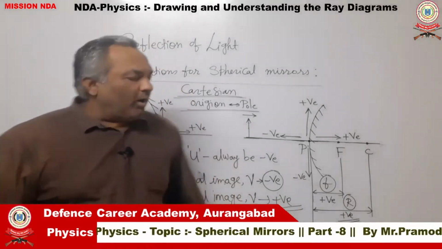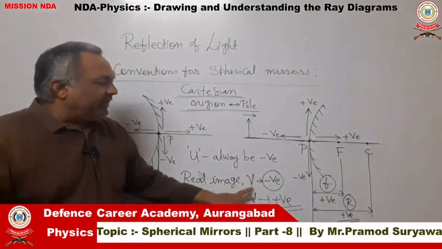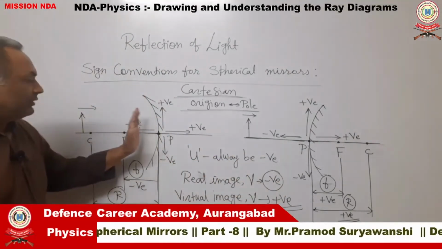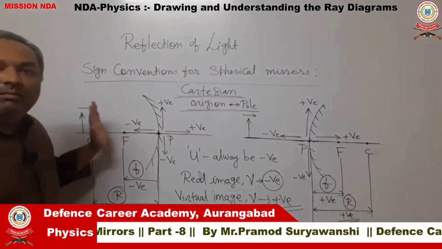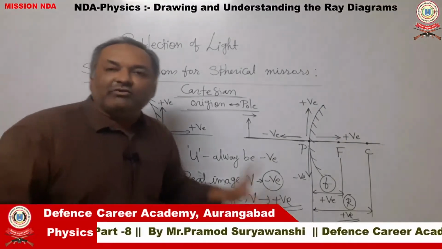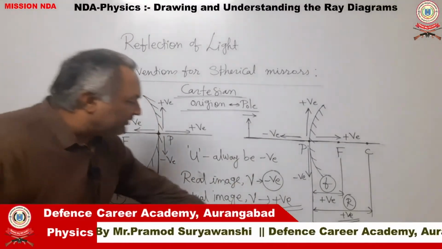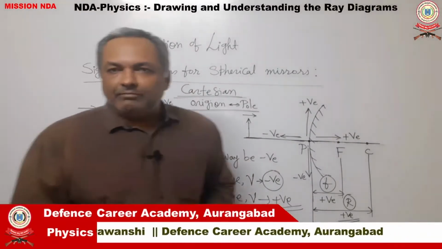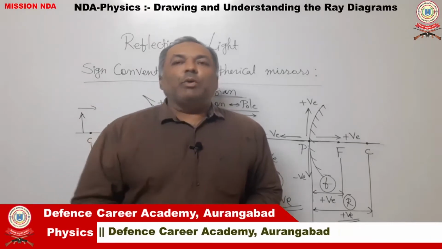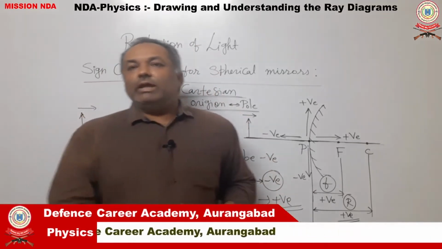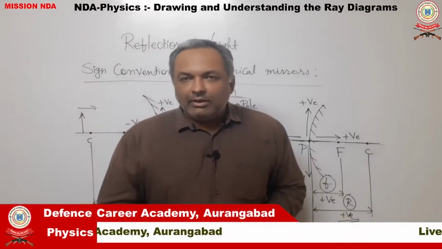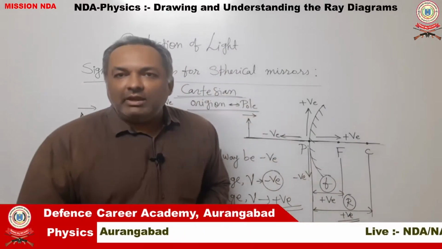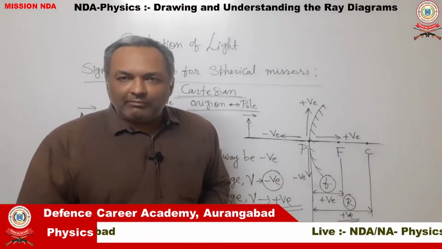So, if the image formed is real, V is negative because the image is to the left side of the pole. If the image formed is virtual, image distance V is positive because now the image is to the right side of the pole.